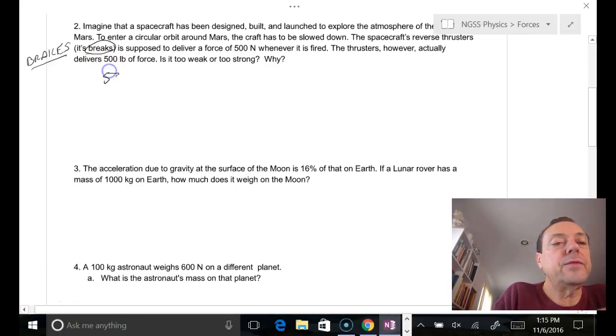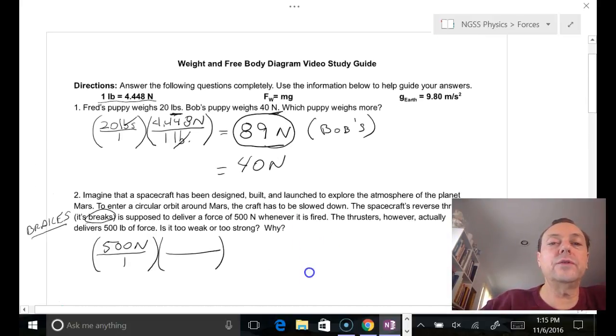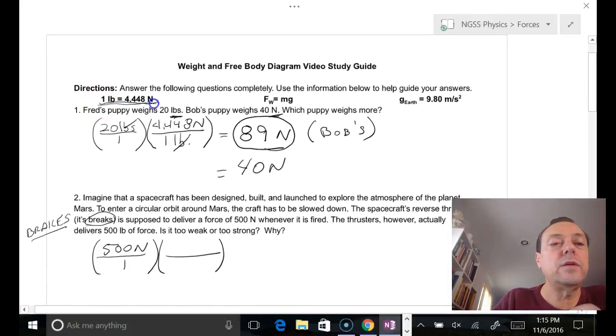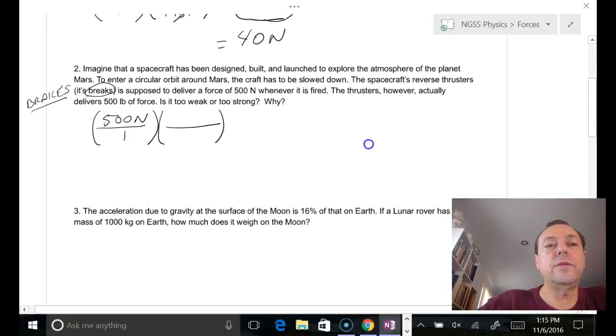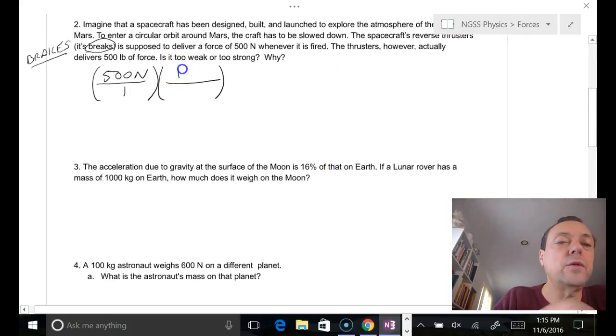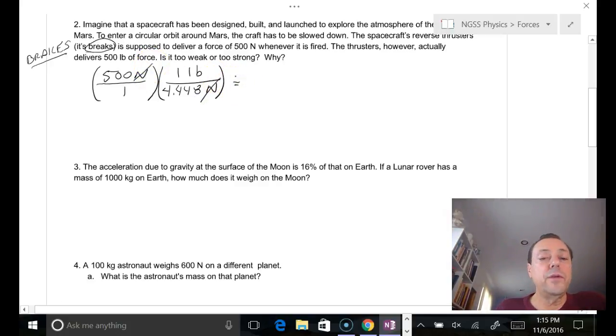So if we have 500 newtons and we go up to our conversion here, and we know that there's 1 pound per 4.448 newtons, we can figure out what 500 newtons is in pounds.